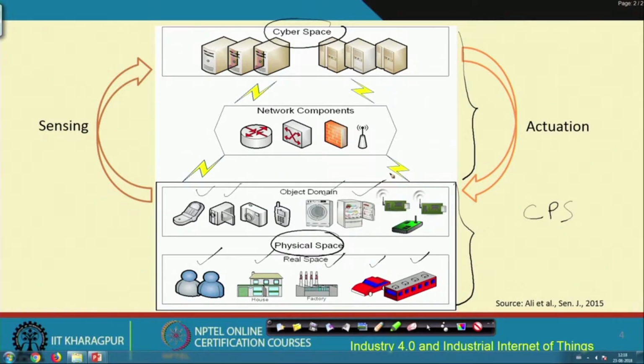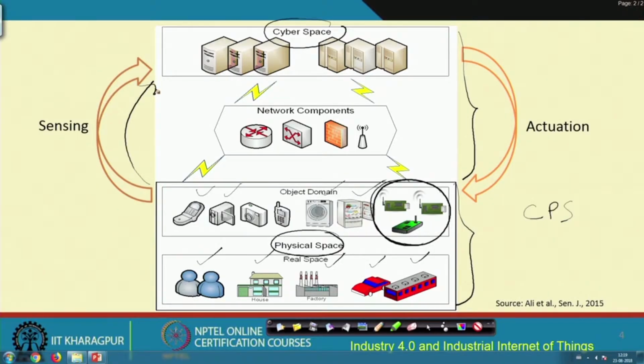These are different objects that work in the physical space. These objects will sense certain data, different information in the place where they are operating, and then using certain communication devices like the ones shown here, this sensed data is sent further for processing.